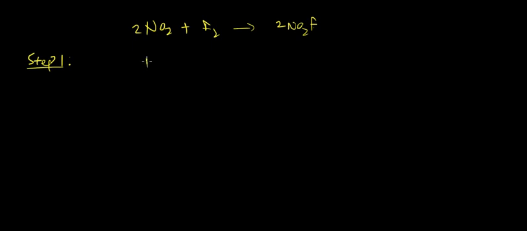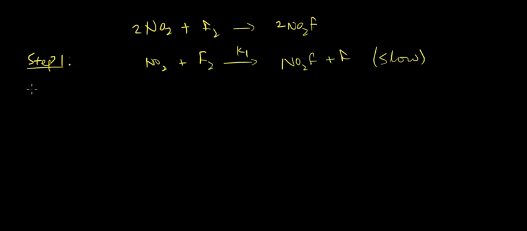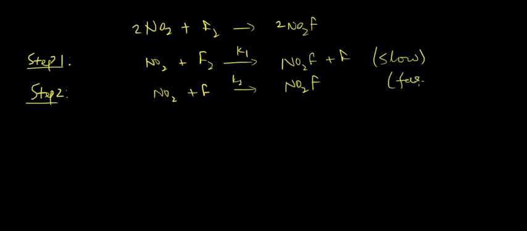In step 1 we can write NO2 reacts with 1 mole of F2 at K1 as the rate constant, forming NO2F plus F. This is the slow process or slow step, the RDS step. Then NO2 again reacts with the formed intermediate at K2 rate constant, forming NO2F. This is the fast process.